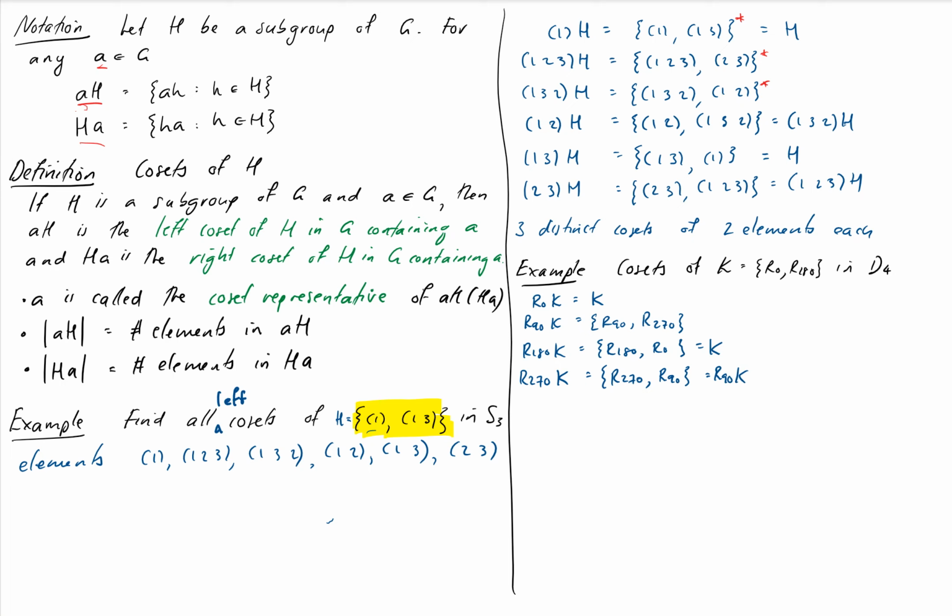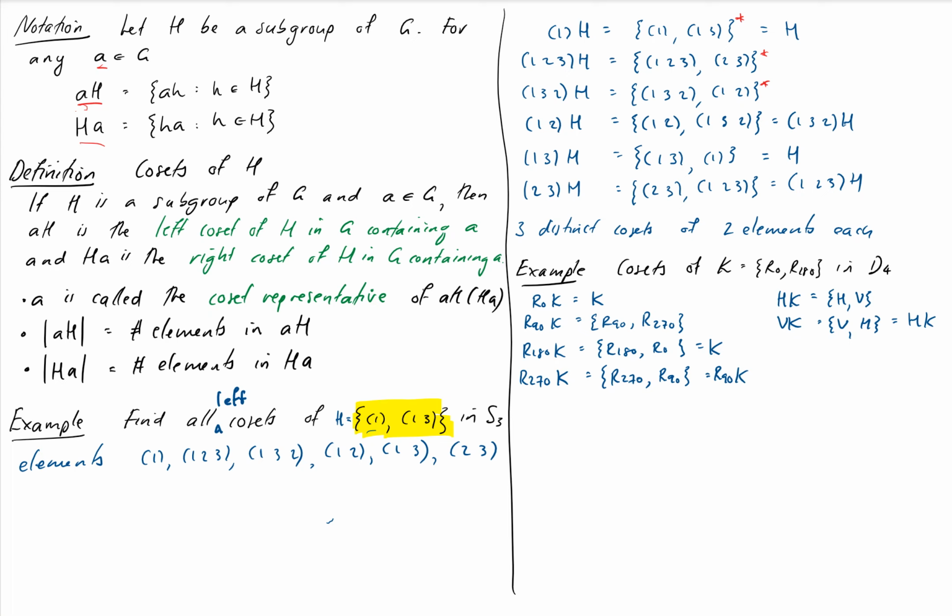If I now do V, I'll have to do H first, H times K. That gives me H and V. And then V times K gives me V and then H, which is the same as HK.